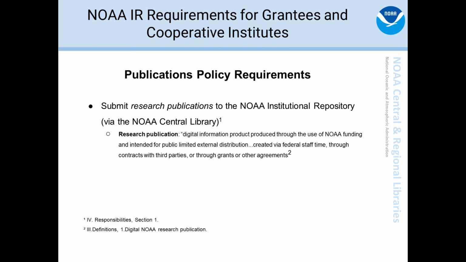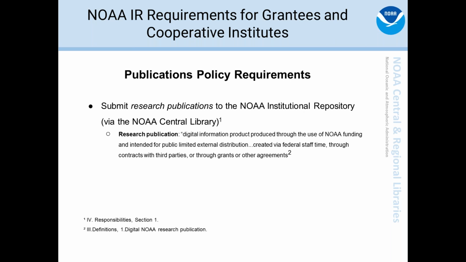For the publication policy, this is pretty short because it focuses just on publications. It focuses solely on the publications that are to be included in the NOAA IR by defining what are considered NOAA research publications. So the publications policy says, this is what a NOAA research publication is, this is what you should be submitting to us.